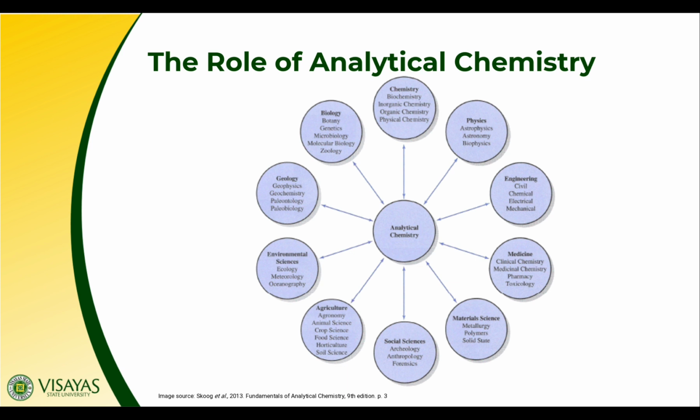The role of analytical chemistry is actually regarded as a central field of science, as you may see here in this diagram, since almost all ideas or methods of analytical chemistry can be applied to, say, chemistry or to other areas of chemistry, including biochemistry, inorganic chemistry, organic chemistry, and physical chemistry.